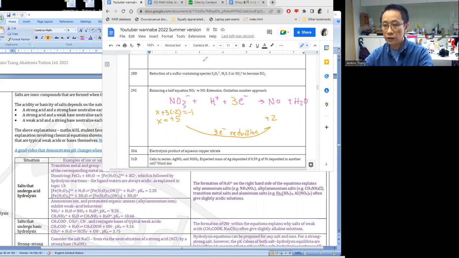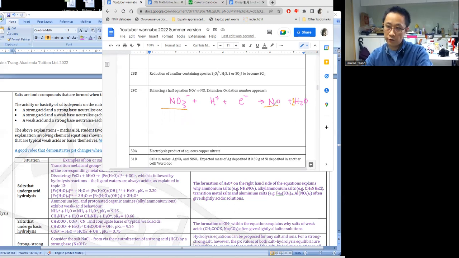If you don't want to take the oxidation number approach, then you can just balance all the atoms and all the particles one at a time. You can begin by balancing oxygen first by dealing with the water. You can't really change these two because they need to have the same coefficient in order to maintain nitrogen balance.